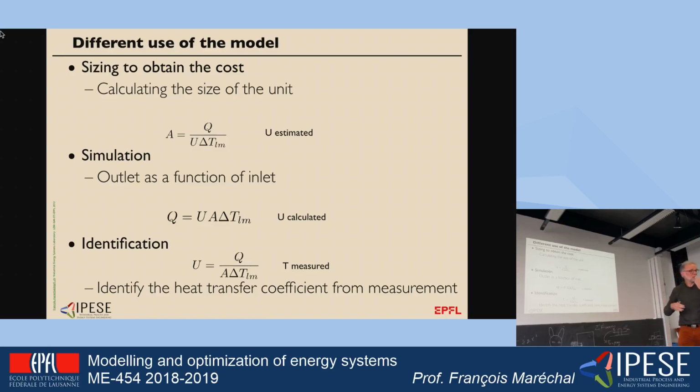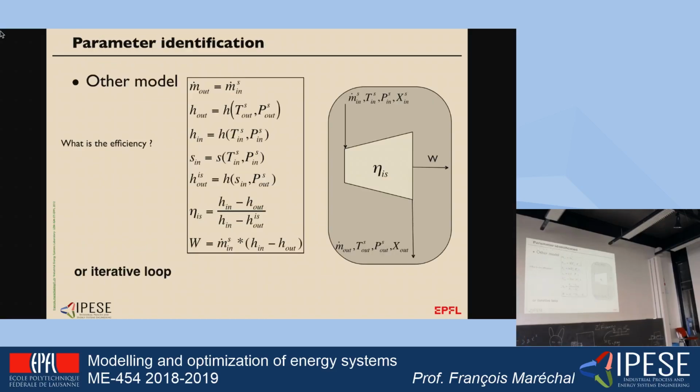Okay? And I will use, obviously, the same model if I want to be consistent between the calculations I'm doing. Okay? So it means that we have to be consistent in the use that we are going to make of the model.